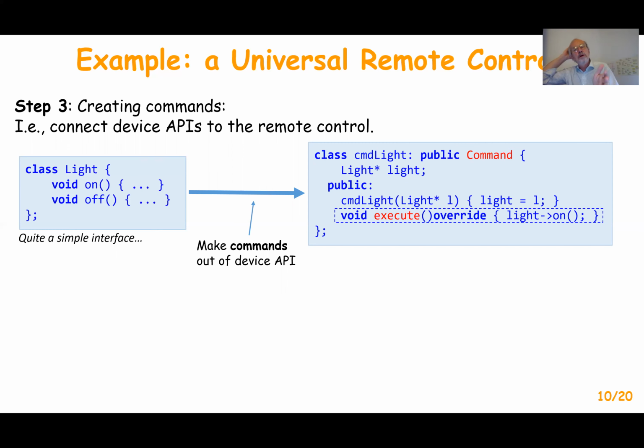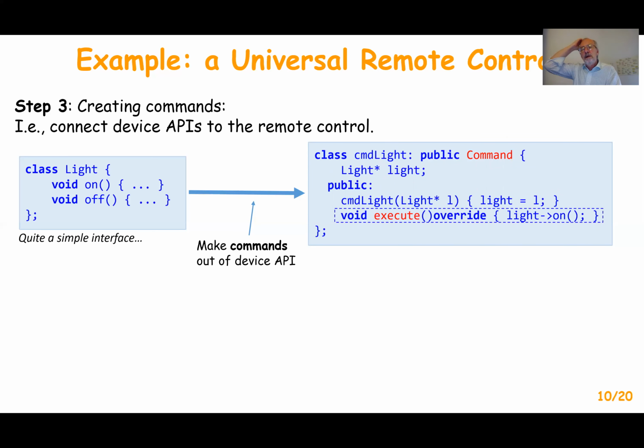First of all, a pointer to the light device itself, the corresponding constructor that initializes the class, and my own implementation of the execute method. It overrides the abstract execute method from the base class, and its semantics is quite obvious. It just invokes the on interface function from light.